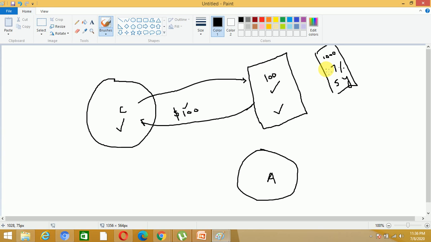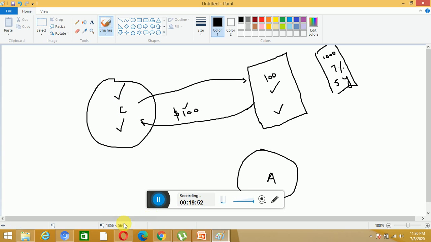So what will be the benefit of this share? The benefit is, if the company is in profits, the company will pay me a share from the profit. This is on the basis of profit and loss.